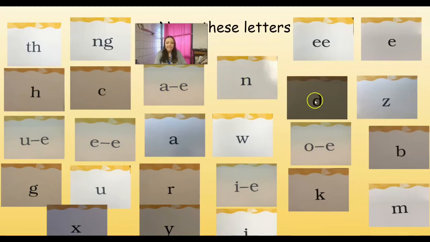N, D, Z, U consonant E, E consonant E, A, W, O consonant E, B, G, U, R, I consonant E, K, M, X, Y, and then at the bottom, J.